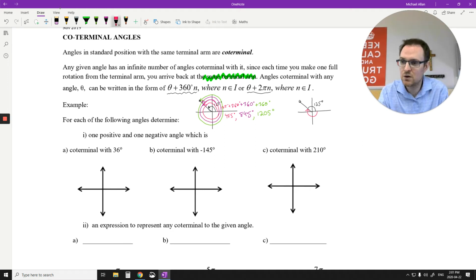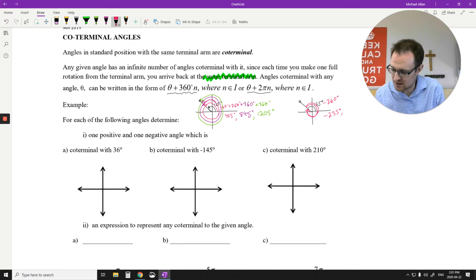What this coterminal angle technically is, I went 125, and then I went back around the other direction and came back here. So I subtracted 360 from the 125 to start off with. And then I keep on going back around. I keep on subtracting more 360s from that. 125 minus 360 gives me a negative coterminal angle of negative 235.